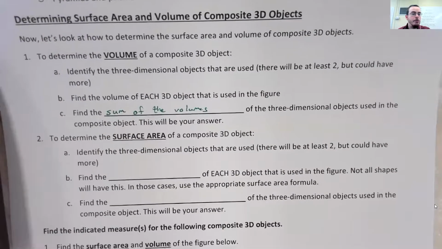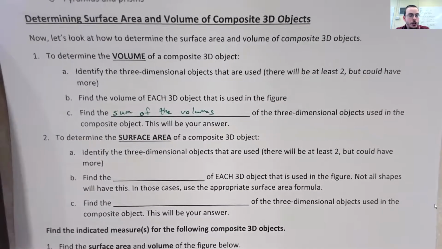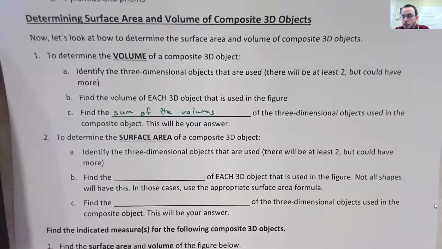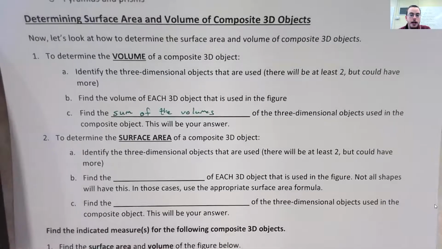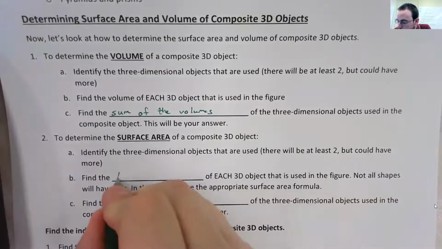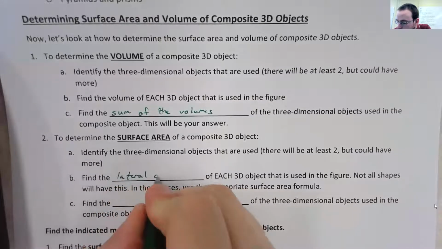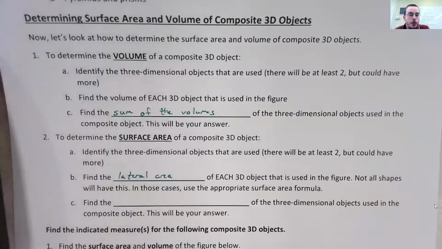Now, surface area can be a little bit more complicated. We still start off identifying the 3D objects that are used. But here, in our second step, we're going to be finding the lateral area of the 3D objects used in the figure. Now, not all shapes have a lateral area.